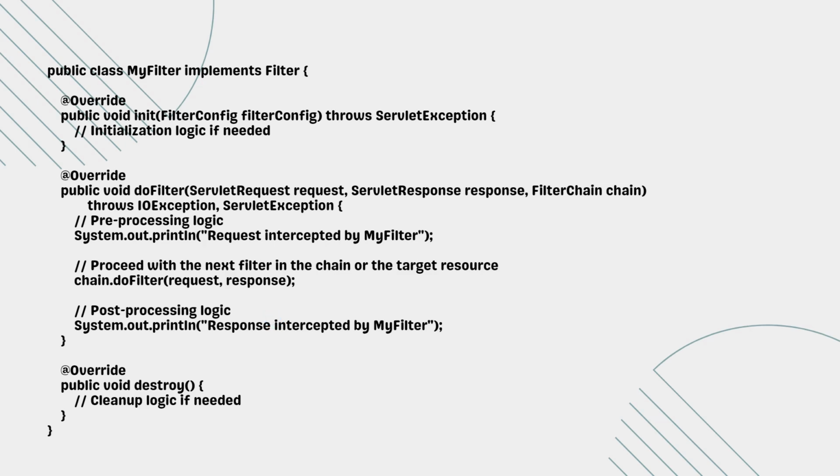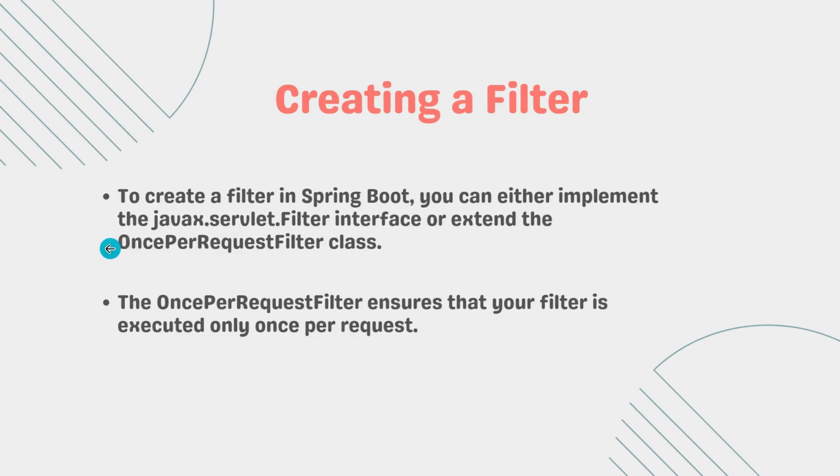Sometimes we give multiple filter logics in our application, so there is a chance of executing this filter logic multiple times. To avoid this kind of duplicate filter execution, there is one more class you can use. That class name is OncePerRequestFilter.